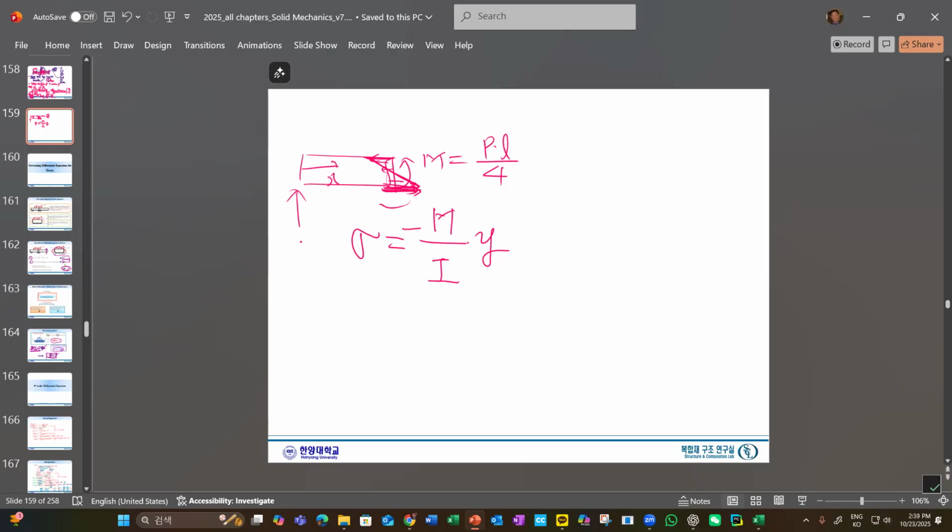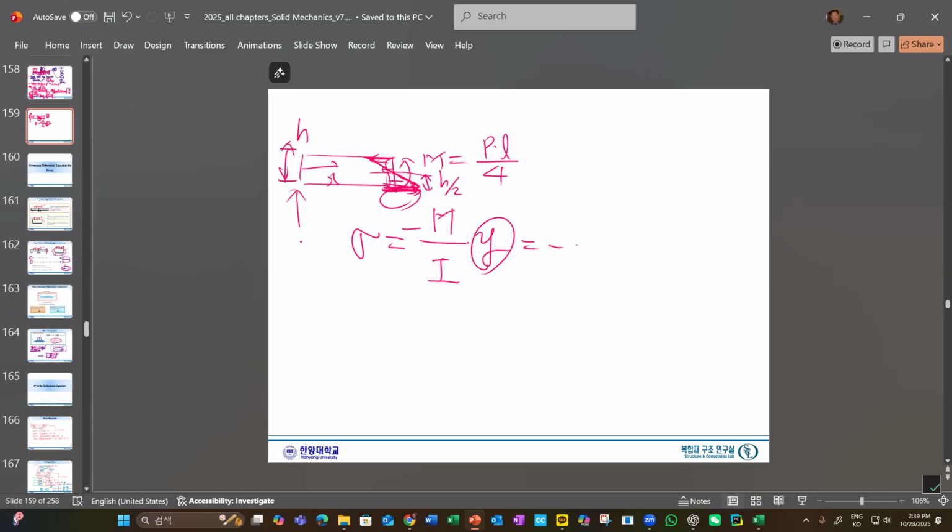Now, to get this maximum tension, we need to multiply by y. This is h over 2, with the cross section height, let's say h. So from the centroid, our neutral axis, to the bottom, the distance will be half of h.